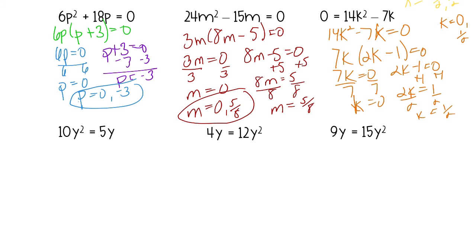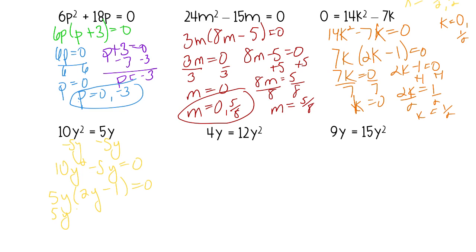Just a few more. I'm going to get everything to the same side of the equation. So that means I'm going to subtract 5y from each side. And we'll have 10y squared minus 5y is 0. Now we can factor. I'm going to factor out 5 and y. And I'm left with 2y minus 1 is 0.